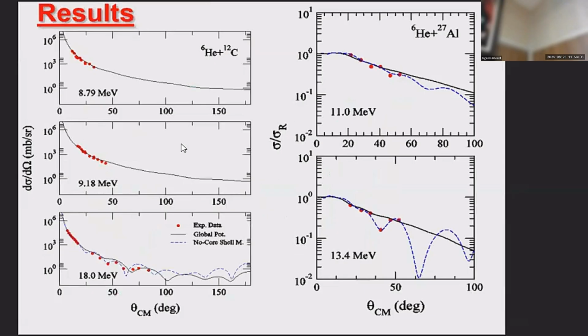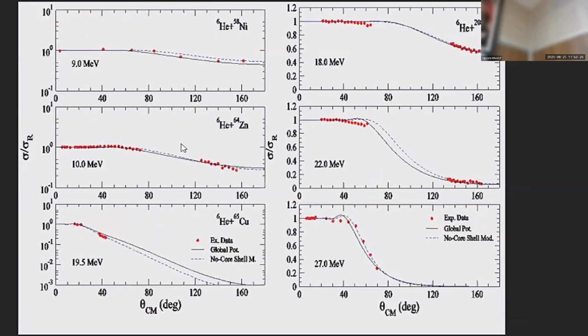Dashed ones or solid ones are the theory. You see, such a simple approximation, the two-body approximation, describes such a sophisticated and complicated problem so well. This is for different reactions on nickel and lead.